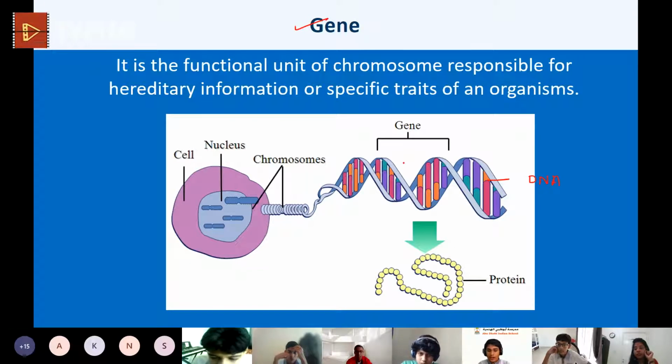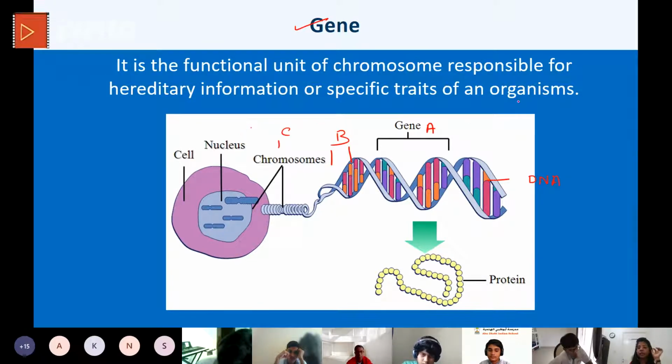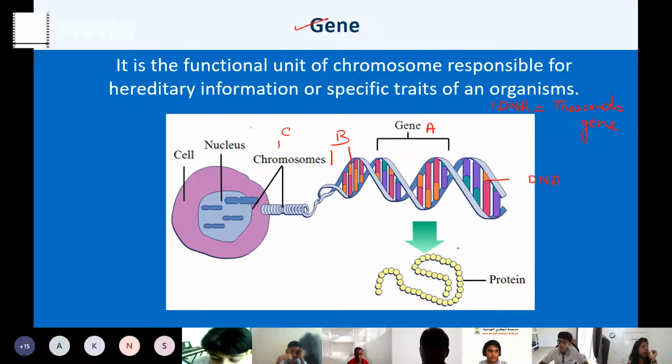Suppose this is gene A, this is gene B, another part gene C, D, E, F, G, H. One DNA is a big molecule, and one DNA can have thousands of genes.